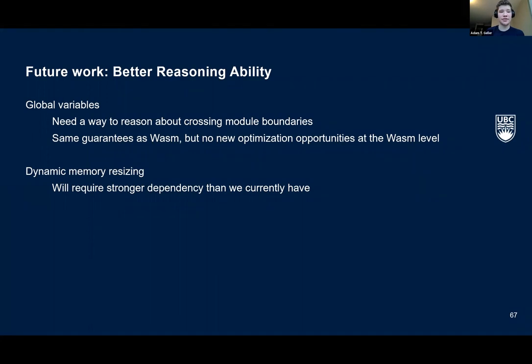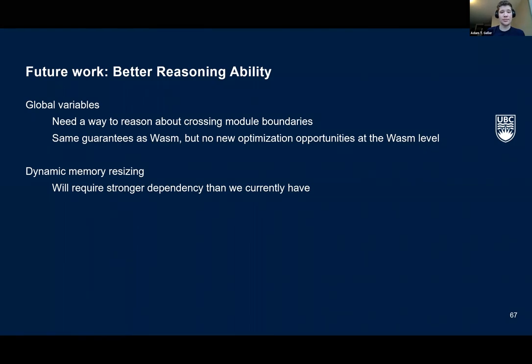Additionally, I mentioned that we omitted global variables, and that's because it turns out they're very difficult to reason about. There are a lot of different ways that WebAssembly can cross module boundaries, and basically every time a module boundary is crossed, you lose the information you have about the global variables inside your module.